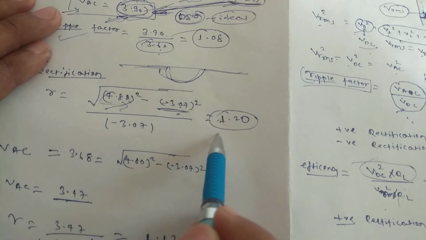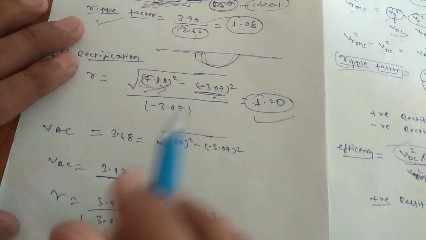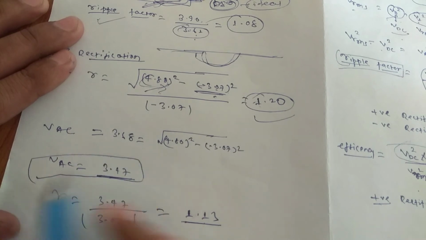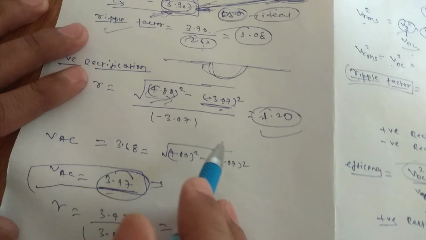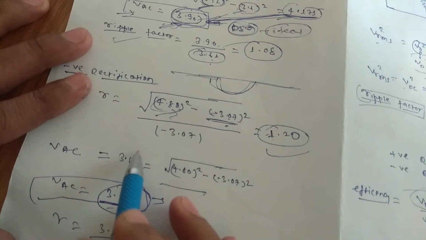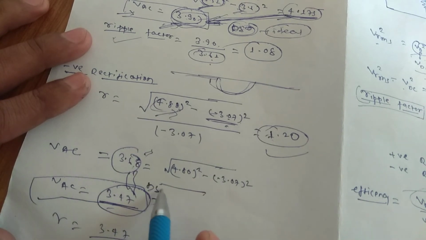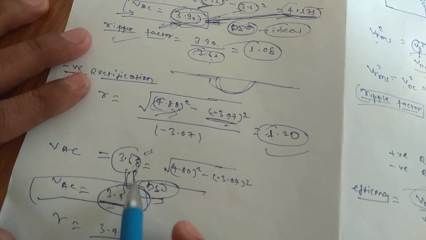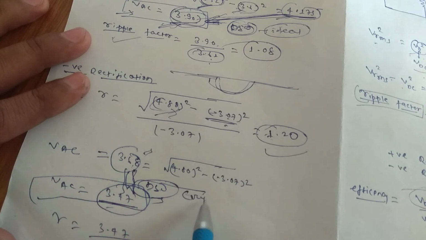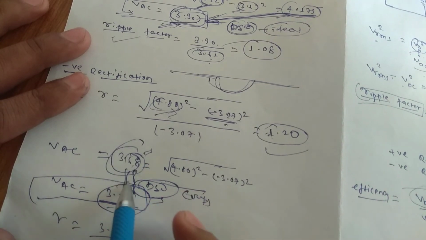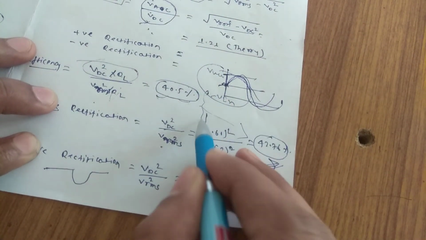Now when we took VAC by AC coupling, it was 3.47, and by this calculator it is coming around 3.6. Still there is some difference. This is all because of the DSO, because we are seeing this in the DSO, and the coupling has been done on the DSO. And the problem that was occurring here is because of the function generator.